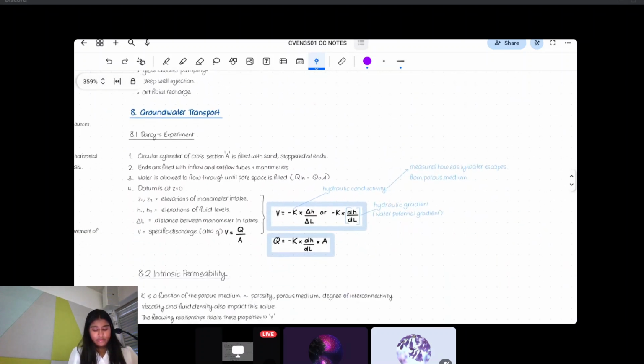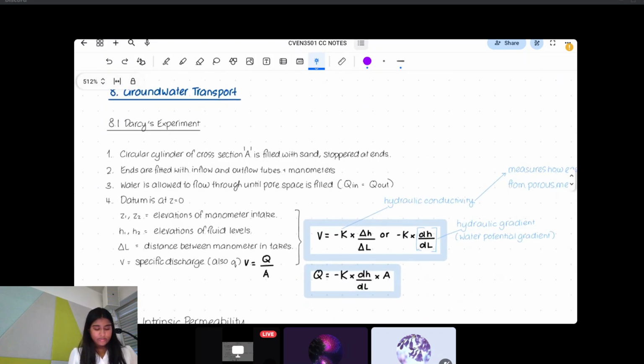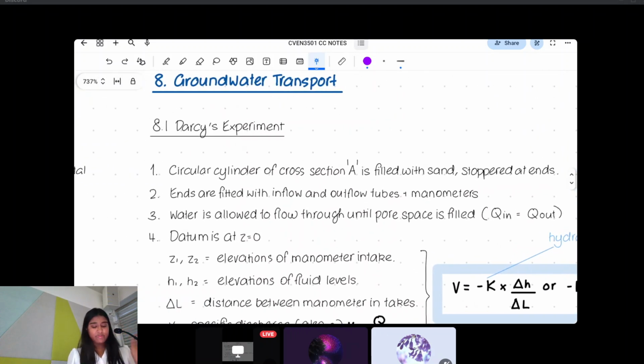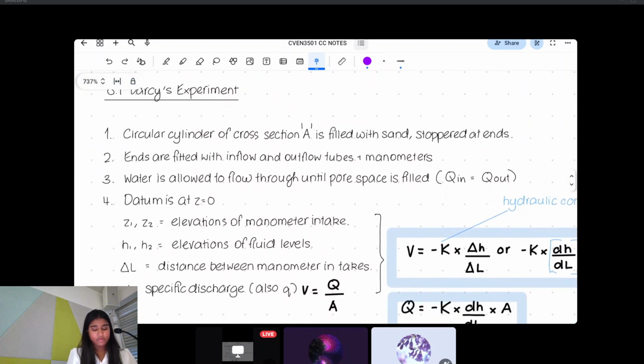Now that we know a little about the values we need to understand groundwater movement, we can look at groundwater transport: the actual transportation of a fixed or controlled volume of fluid from point A to point B. What is really important for your groundwater course is Darcy's experiment, which will be important for your assignment.